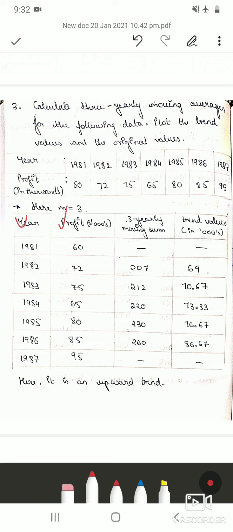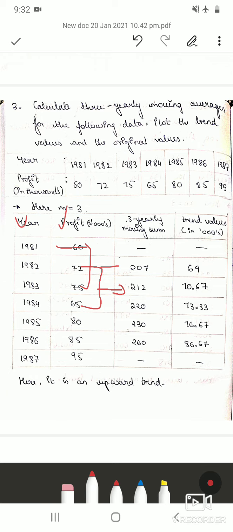For this, we add the first 3 values and write the answer in the middle, which is 207. Then exclude the first value and add the next 3 values, which is 72 plus 75 plus 65, and write the answer in the next cell.